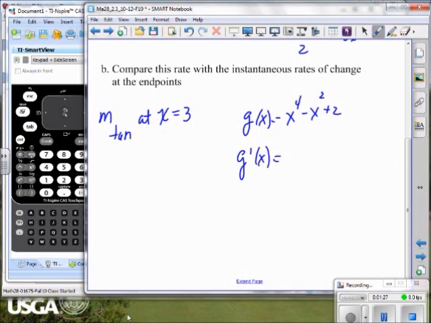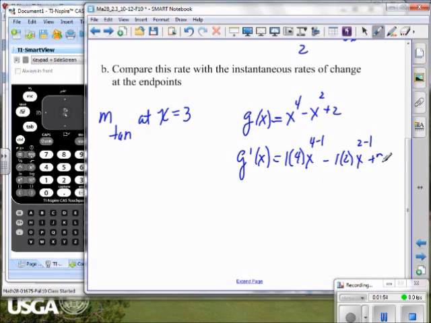This is your one and only review of this, so let's go through a little slower here. I take the exponent times the coefficient. The coefficient, even though I don't see it, is 1. So I have 1 times 4, x to the 4 minus 1. That's our rule. That's what always is going to happen for us. Minus, and here I'm going to have 1 times 2, x to the 2 minus 1.